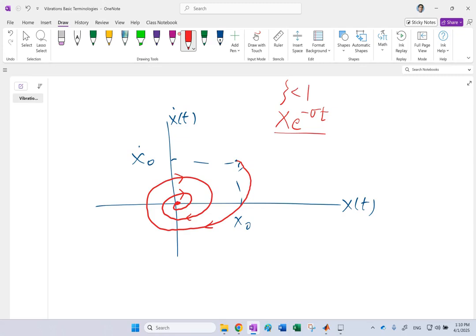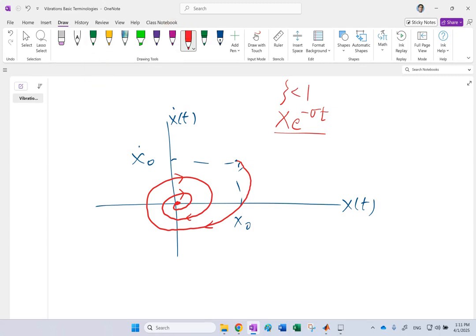So the area enclosed by the curve goes to 0 over time. Yes? That is the kind of response that you get when the system is underdamped. Now, if overdamped or critically damped, you are not even going to go through these cycles. You directly go to 0.